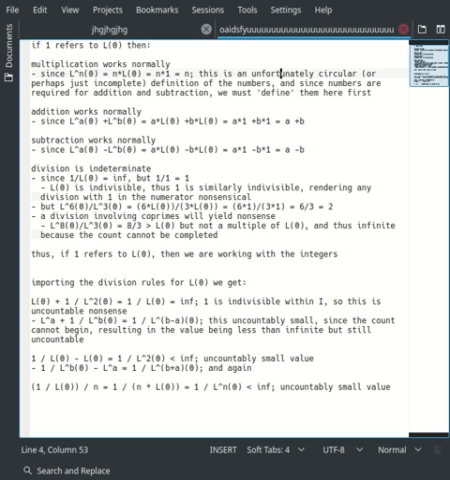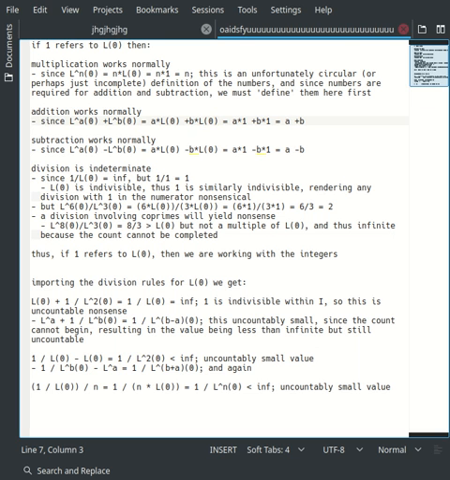So there is a way, I'm pretty sure, to make this not circular, but as it is, you can see that it is, because we're yielding a definition for a number, but we're using that number in its own definition. So this is circular. It's not properly defining them, but you can see that down here we're using multiplication, so we have to define how the multiplication works first before we can get addition and subtraction.